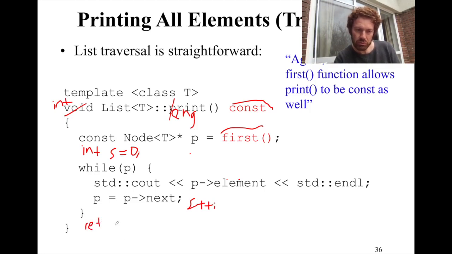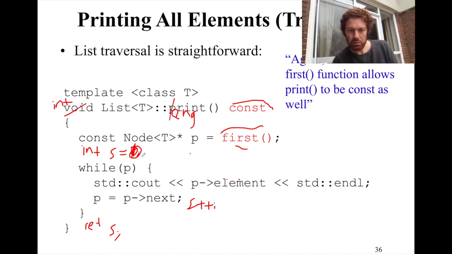So you always need to double check because of this zeroth and first issue. Sometimes you overshoot. Starting with the first element, if I have the first element, then s plus plus, s becomes 1 and I advance p.